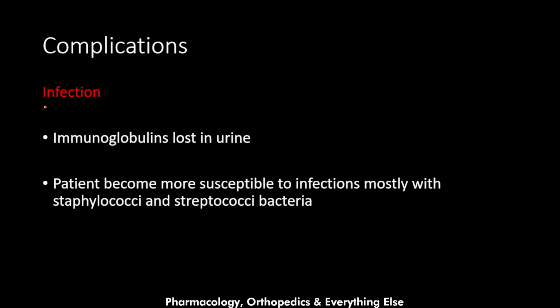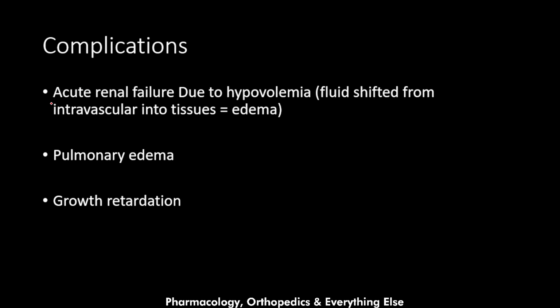Another complication is the infection, and that is due to immunoglobulins lost in urine. So the patient becomes more susceptible to infection, and mostly with staph and streptococci bacteria. Another complication is acute renal failure due to hypovolemia, which is, remember, the fluid is shifted from the intravascular into the tissues, which lead to edema, and that made there is less intravascular fluid and less blood reaching the kidneys, which might lead to acute renal failure.